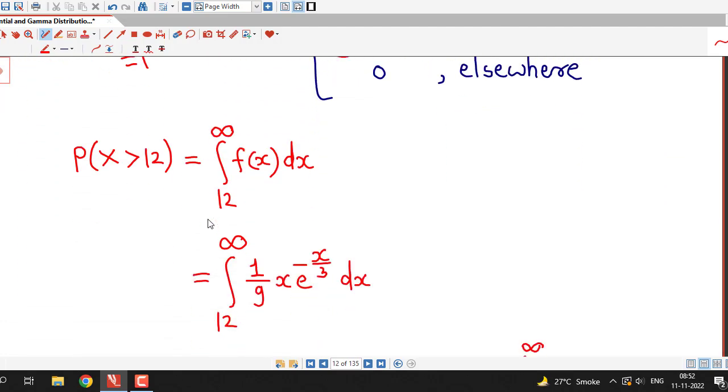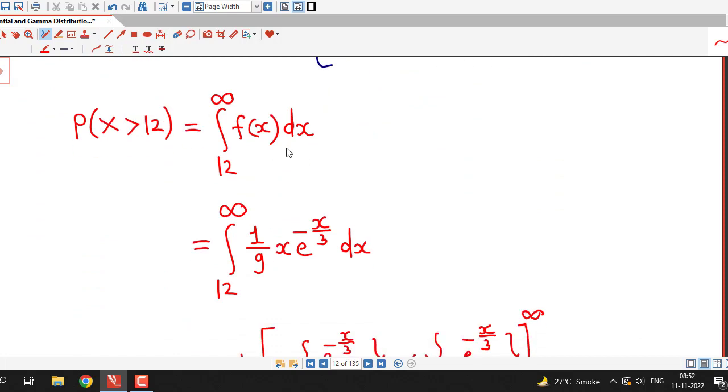So the required probability is the integral of fx from 12 to infinity. We replace fx by this now. Now this is a simple problem of integration. Here we have to apply integration by parts.